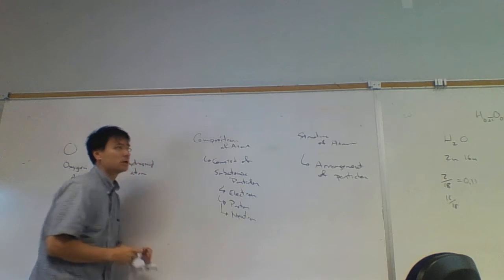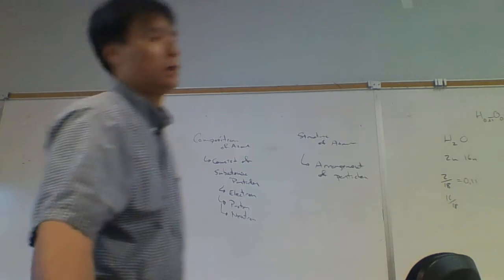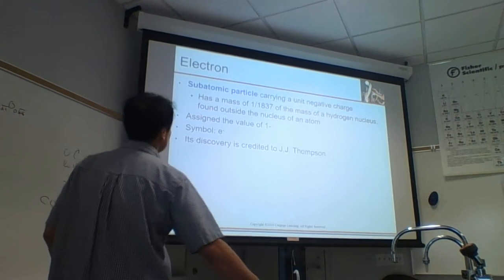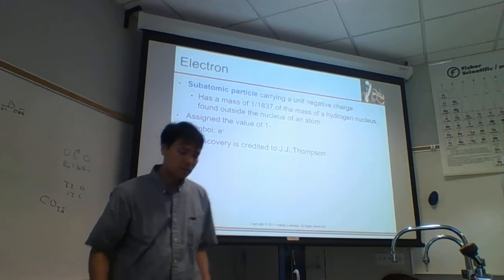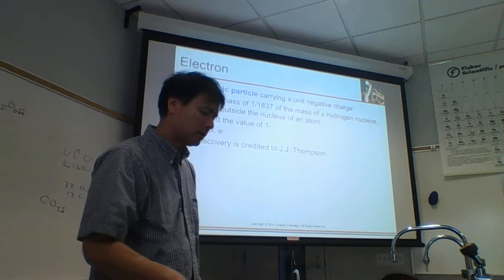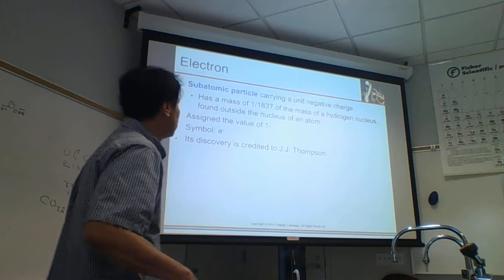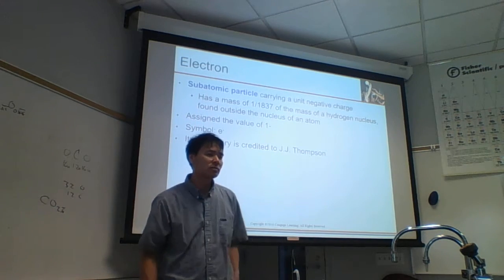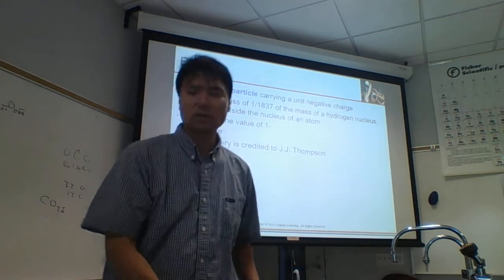And so first, let's talk about the electron, which is here. It is a subatomic particle. And for subatomic particles, in chemistry, the electrical charge is everything, so we need to know the charges on things. And so this says carrying a unit negative charge. A unit negative charge means that each electron has a -1 charge.